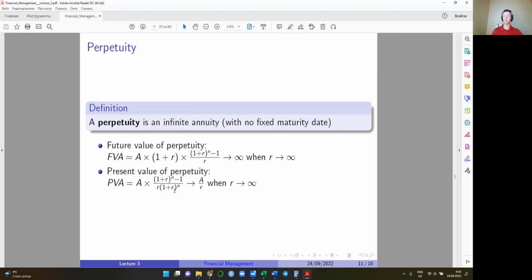Again, in principle, you can apply L'Hopital's rule here, take the derivative of the numerator and denominator, and then you will be left with this, because the numerator and denominator will cancel each other, and r is going to be left, I suppose. I don't remember, but again, I don't derive it here. So that's the final result. This is very simple and very useful in many cases. When you don't know when your annuity finishes, you can apply this formula to simplify your calculations.